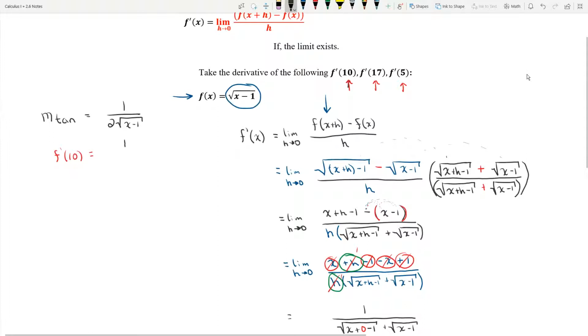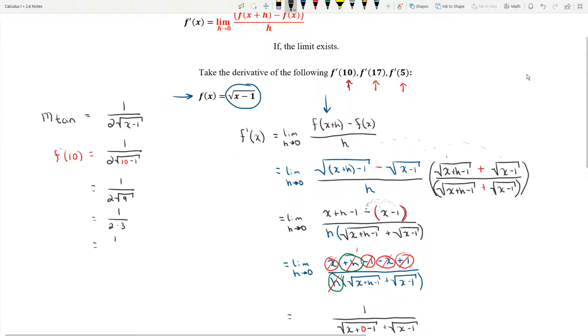And we will have 1 divided by 2 times the square root of 10 minus 1. And that becomes 1 over 2 times the square root of 9. And the square root of 9 is just simply 3. So that becomes 1 over 2 times 3.